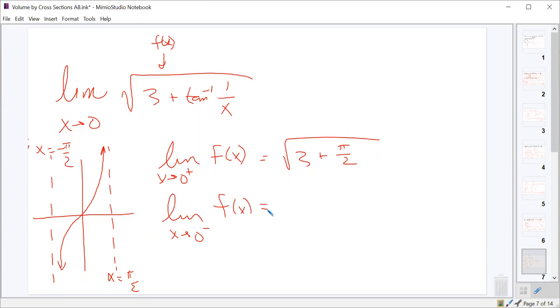And the inverse tangent of negative infinity, as we were just looking at with our graph, is negative pi over 2. So this would become the square root of 3 minus pi over 2. And there you'd say, oh, the limit from the right and the limit from the left are not the same, and therefore this limit does not exist, which is choice E. That makes sense, right?